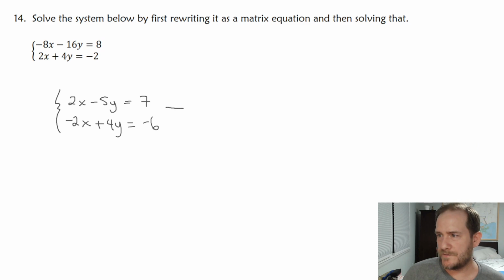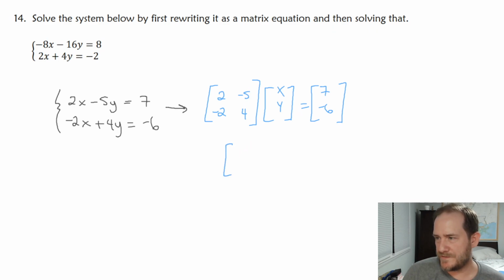So converting this to a matrix equation, you'd be looking at 2, -5, -2, 4, times x, y, equals 7, -6.